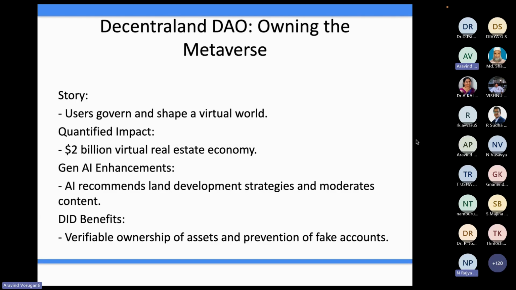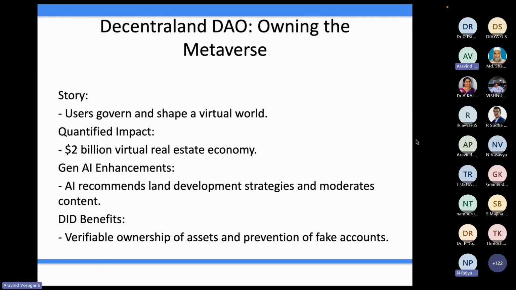And the beauty is that each land parcel is an NFT, a non-fungible token, which was minted, I think, initially on Ethereum, but later moved to Polygon, I guess. I don't remember exactly which chain they are using now, but it is all on-chain ownership. NFTs represent the ownership of the land parcel and access to it.